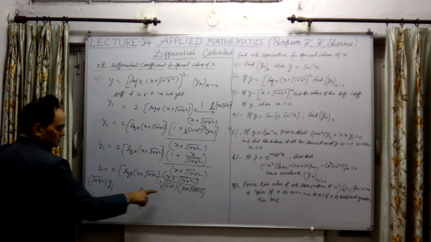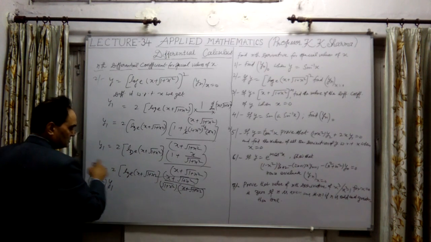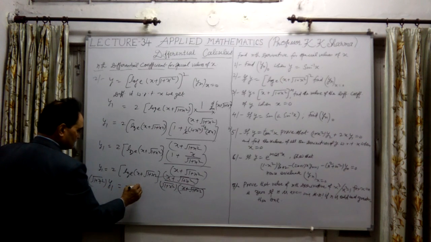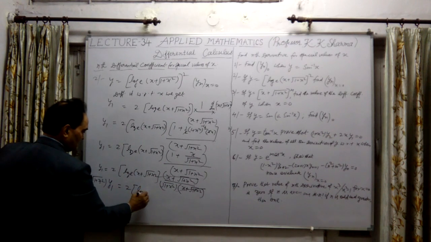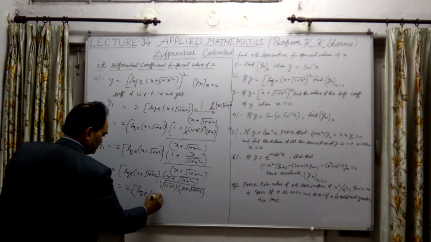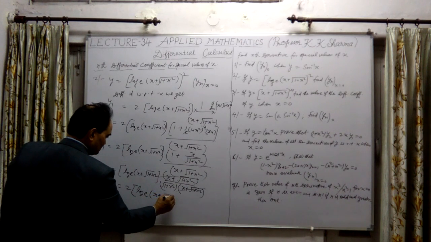Okay, so y1 into this LCM, taken to this side, is equal to twice log of e within bracket x plus under root 1 plus x square.